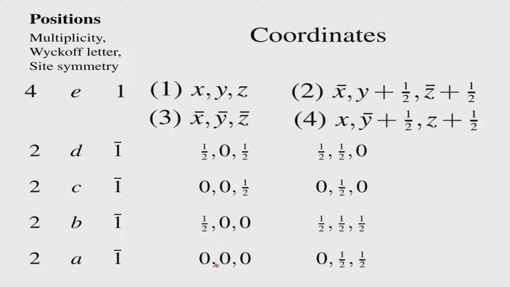So, you go to the other equivalent points, the other Wyckoff letters. We have 4 possibilities, and these 4 possibilities come at half 0, 0, 0, 0, half, half 0, half.